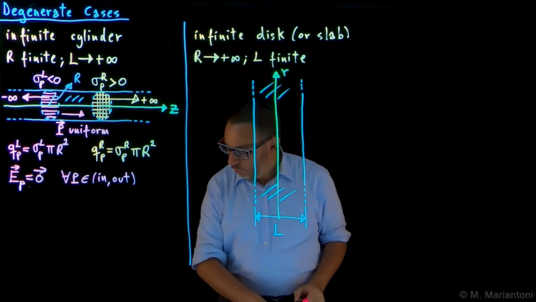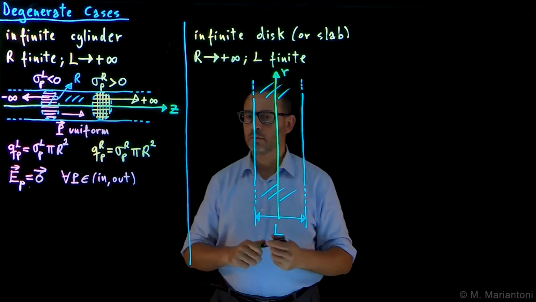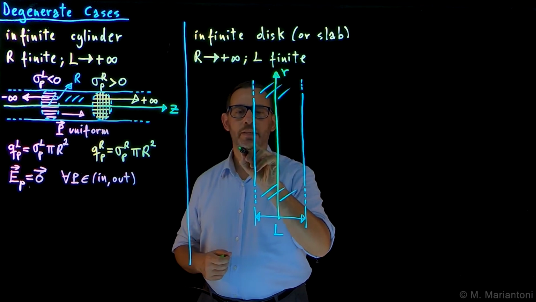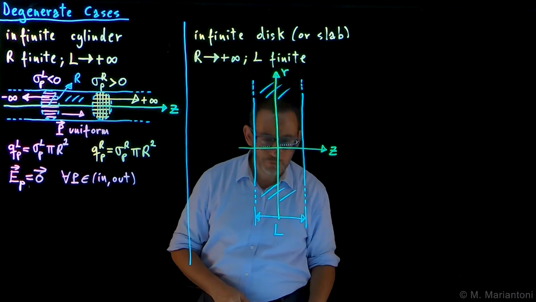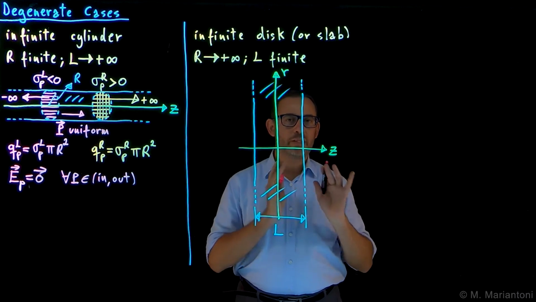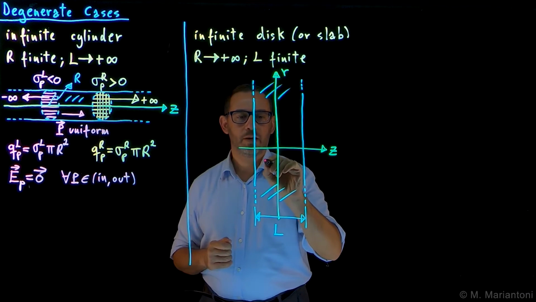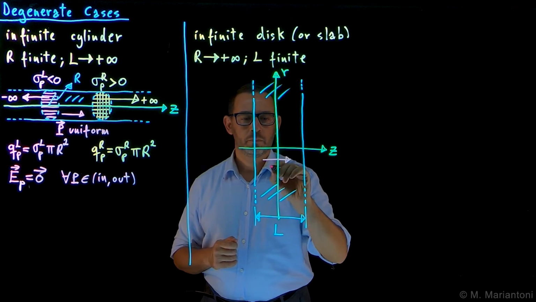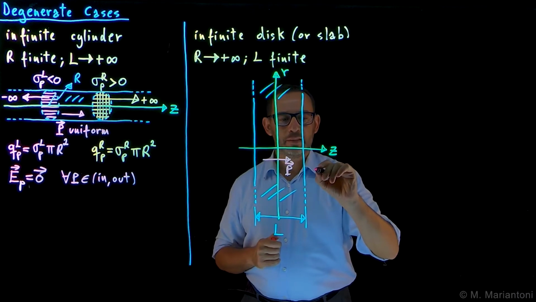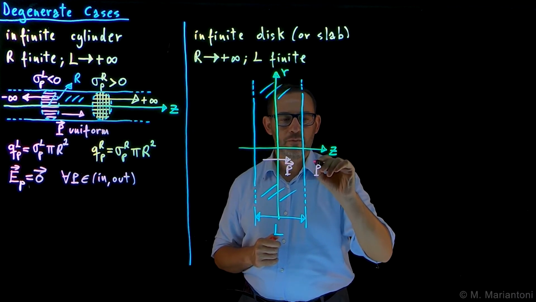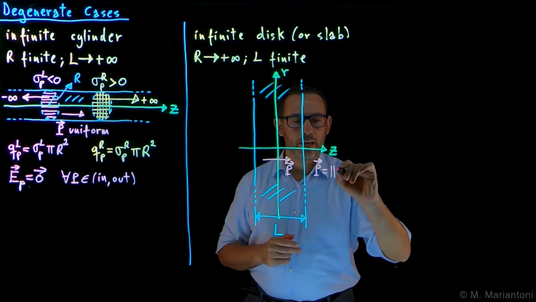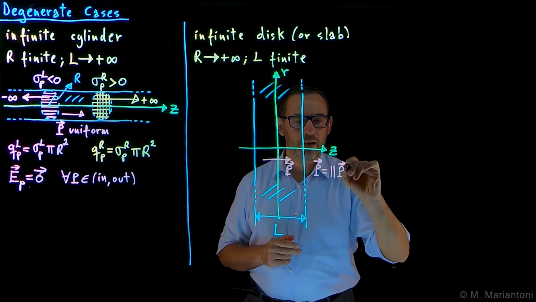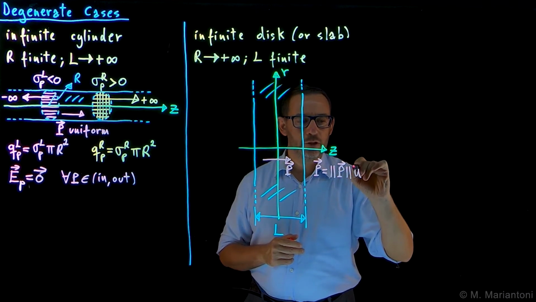Now in this case, we know that this was our z-axis. The polarization field P is uniform directly along the z-axis. So this is our P, which again is uniform. That is, in this specific case, the P vector can be written with respect to the cylindrical coordinate system as the norm of P vector in the direction uz.